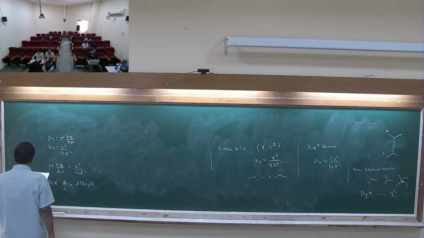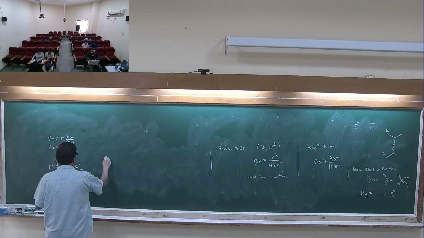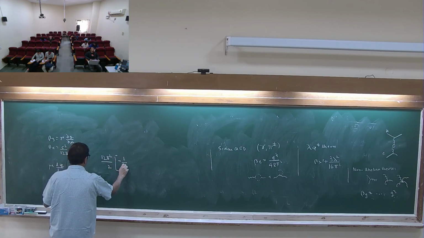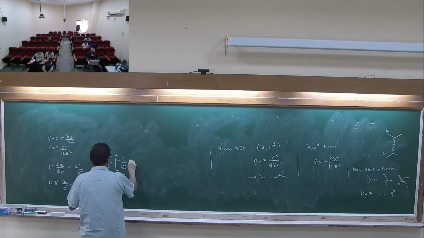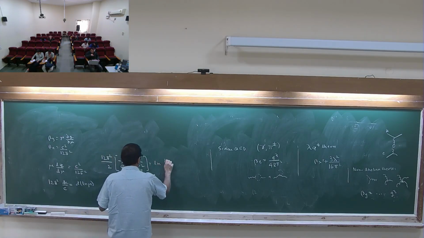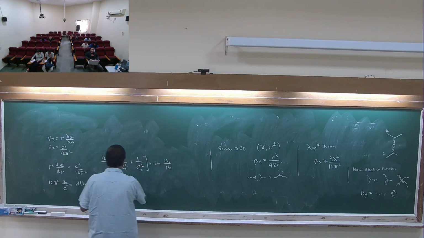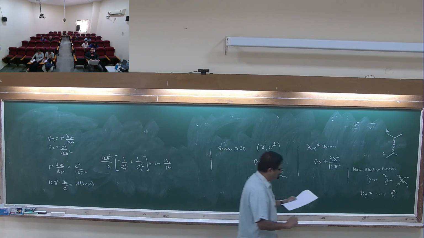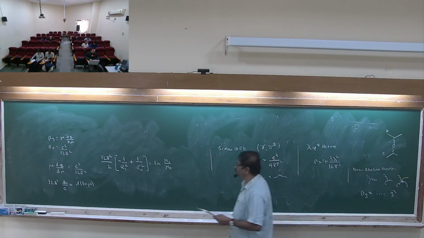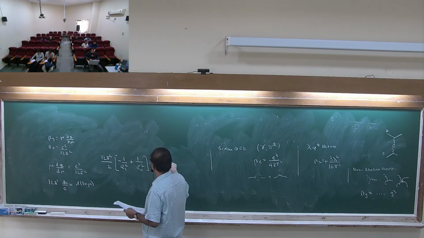So let me integrate this, and I get 12 pi squared divided by 2 times minus 1 by E1 squared plus 1 by E naught squared is log mu 1 by mu naught. Now everybody check that I have made no algebraic mistake up to this point. This is very important to make sure that there's no algebraic mistake that we are making. So obviously this means that E1 is a value at the energy scale mu 1, E0 is a value at the energy scale mu naught.